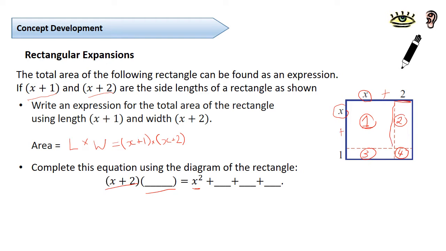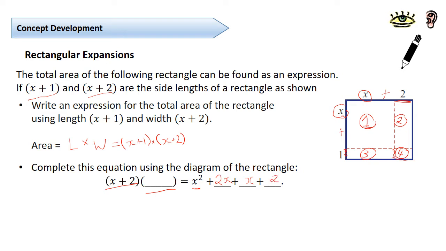So we already have area 1 together, so we had x times x, and this is area 2, so it is going to be 2 times this length, which is x, over here. So 2 times x is, of course, simply 2x.